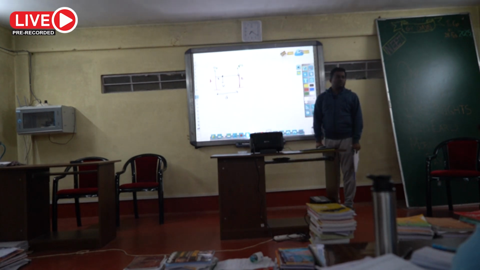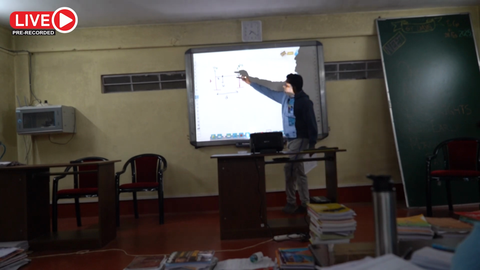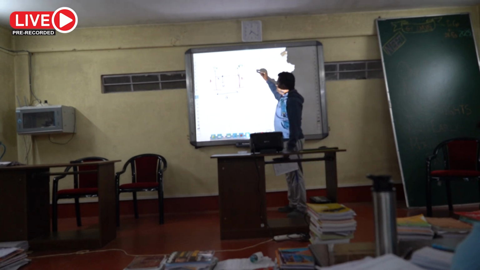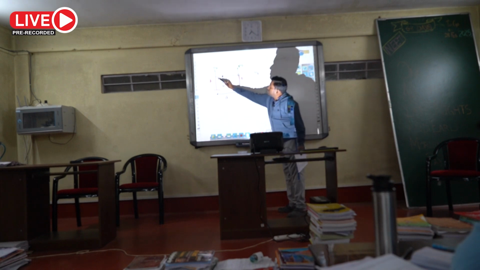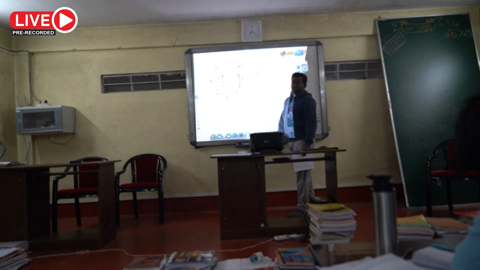Clockwise moment is considered as negative, anti-clockwise moment is considered as positive. So for NA, what is the moment about B? That is force NA into this perpendicular distance. This perpendicular distance is D. So NA into D with a minus sign.